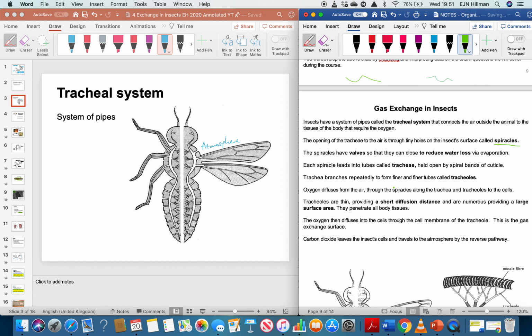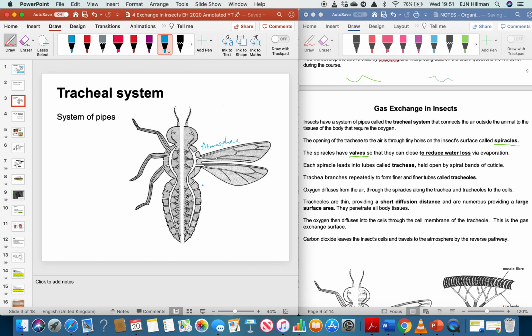Those spiracles have valves, and those valves are necessary to reduce the water loss. So the spiracles are not open at all times, because it's really important that water is retained. From the spiracles at the surface, we enter this tracheal system, this system of pipes that becomes increasingly branched until it reaches, as we said earlier on, the respiring tissues of the insect.